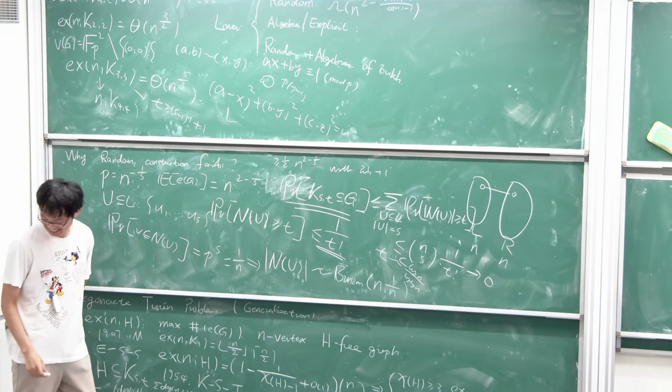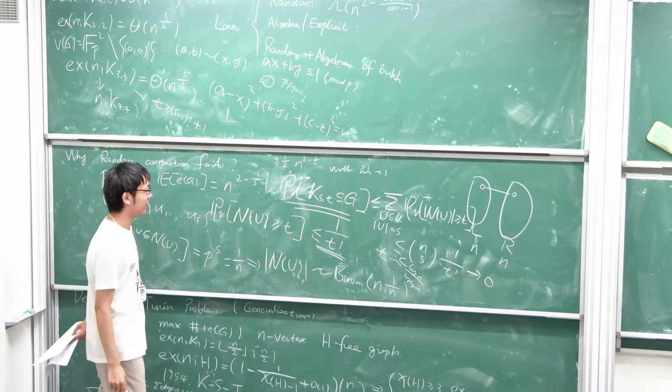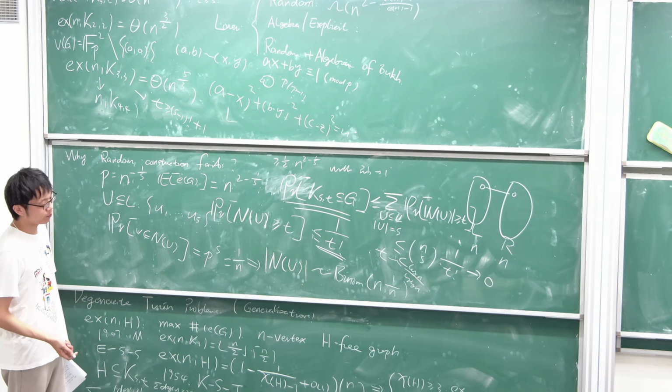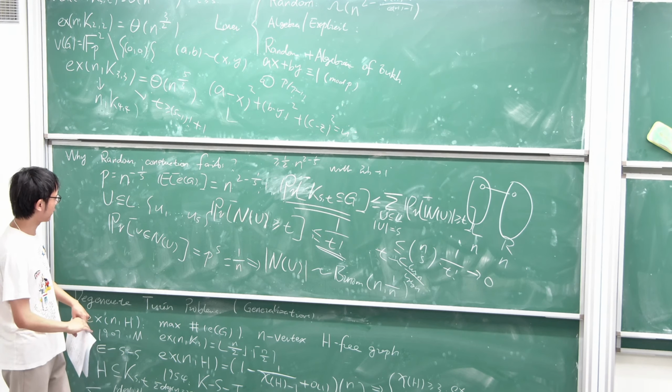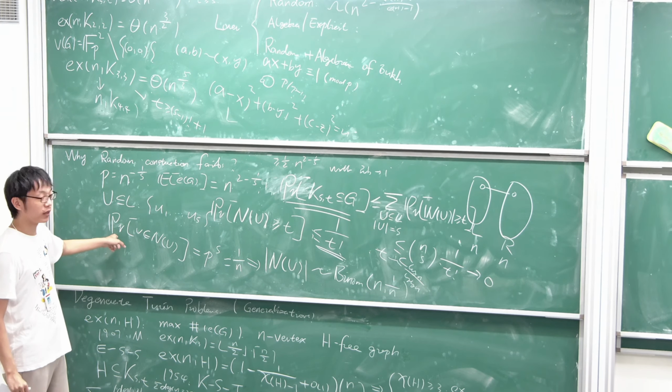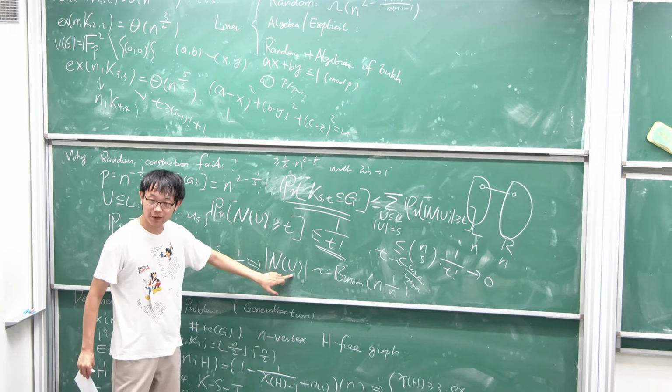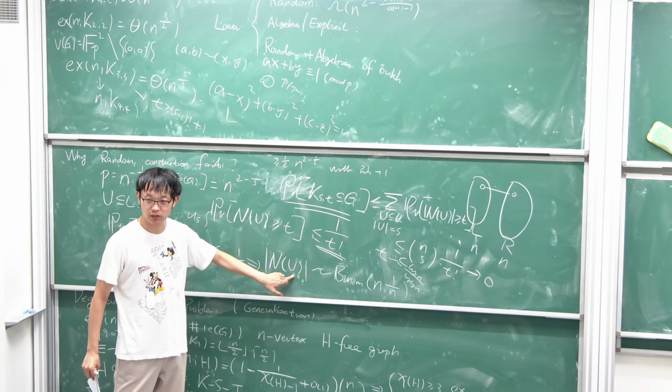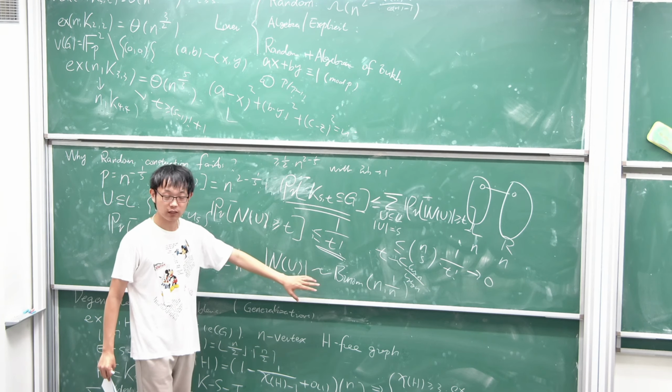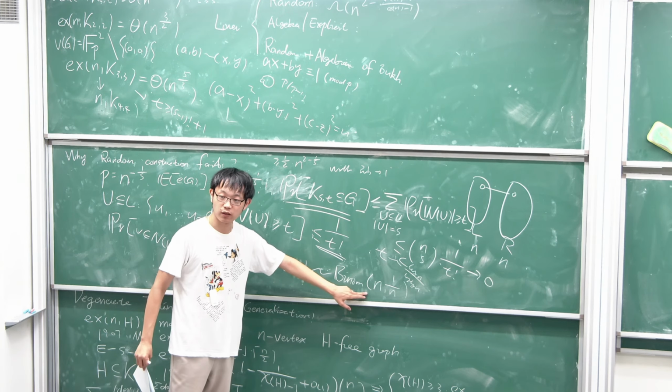The problem is that the expected number of common neighbors of U is not large, it's just 1.